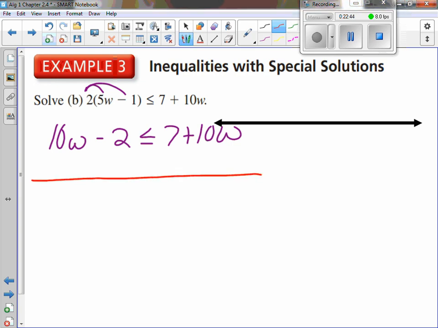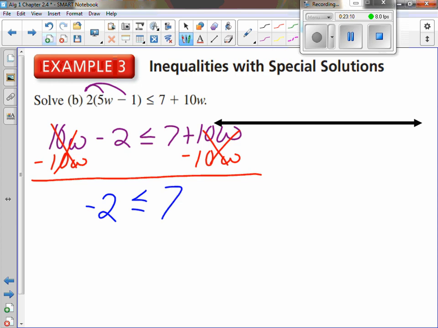Well, hey, we have same variable, same sign, yes? So I'm just going to subtract 10w from both sides. Because 10w is positive, so we would subtract it to eliminate it from one side. But hey, it worked out. It eliminated it from both sides, didn't it? So negative 2 is less than or equal to 7.